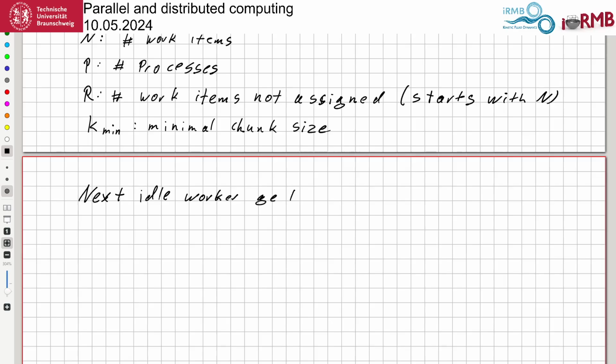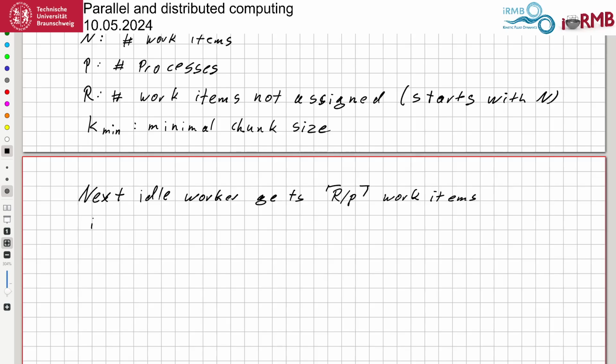So the next idle worker gets the roof, so this is a roof operation, yeah, so divide R by P, work items, so this is the chunk size.